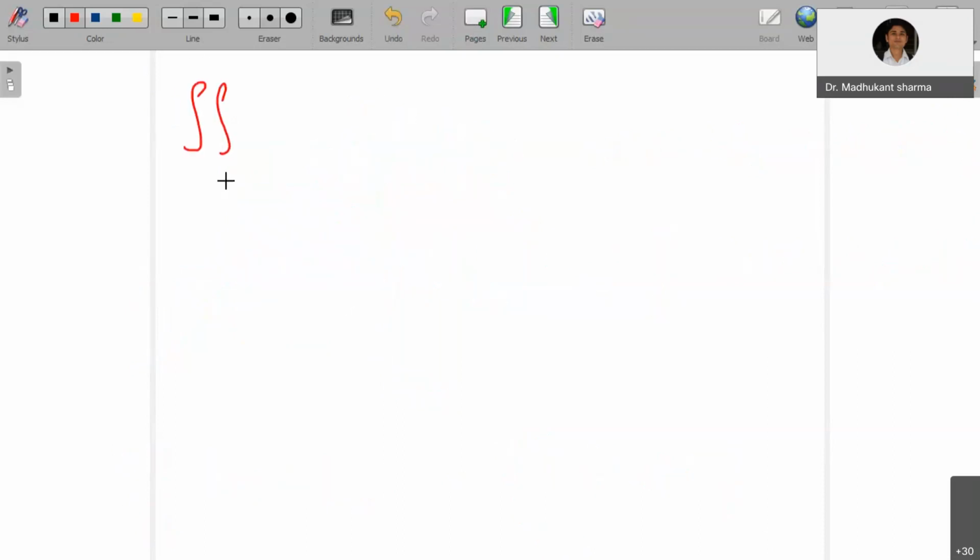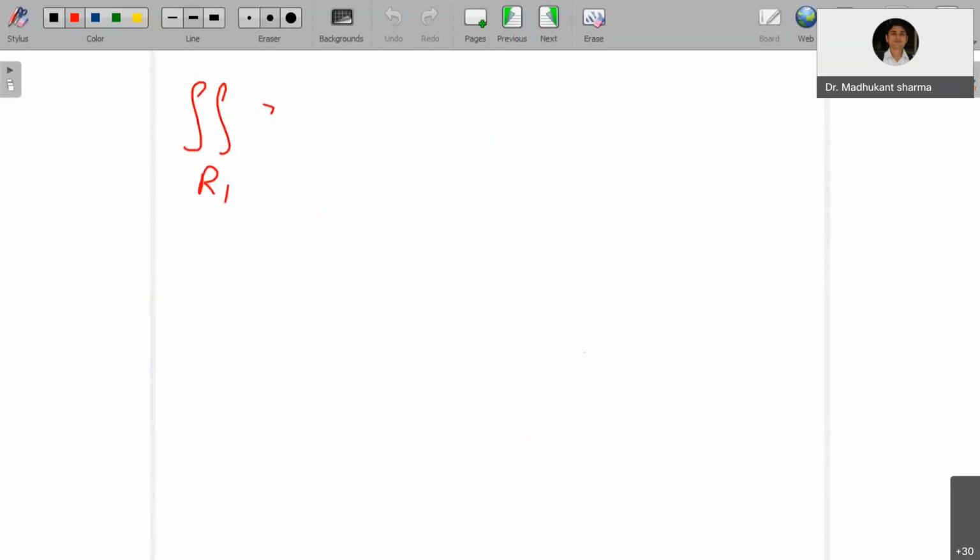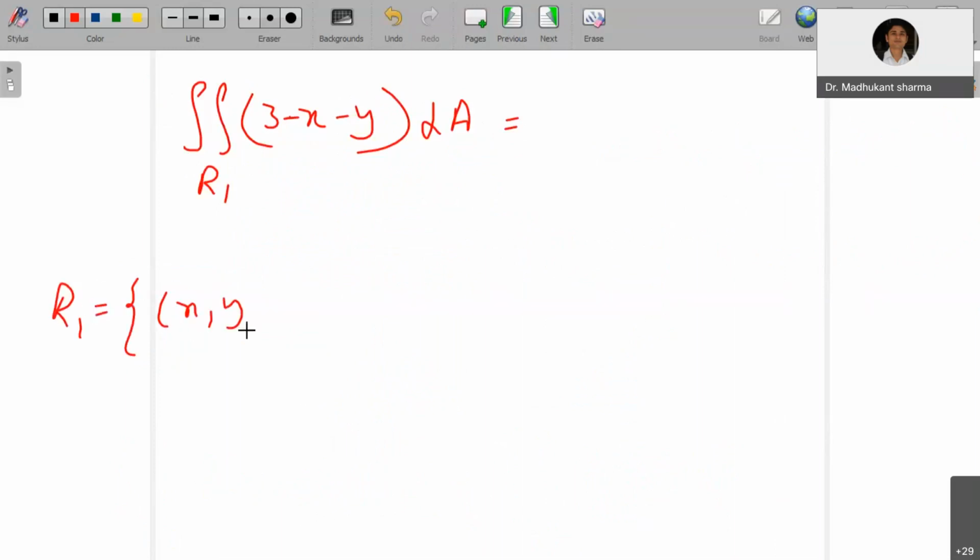So double integral over R1 of 3 minus x minus y dA, where R1 is the set of (x, y) such that 0 less than or equal to x less than or equal to 1, 0 less than or equal to y less than or equal to x.